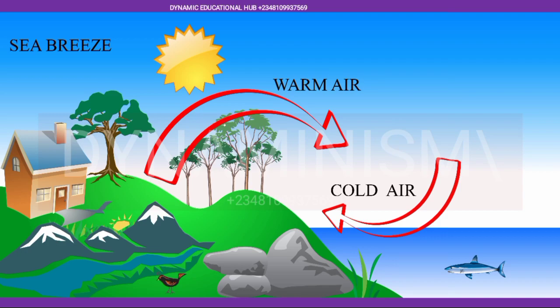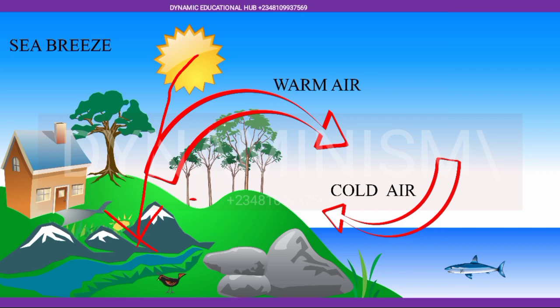Let me explain the principle. As the sun is shining on the earth's surface, the earth will start absorbing the heat.